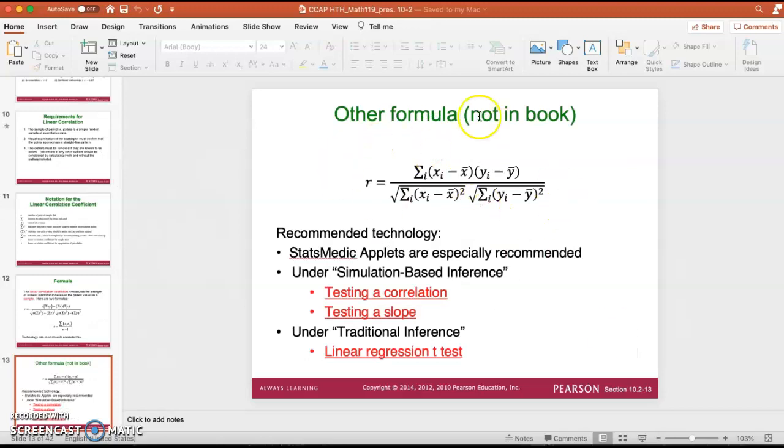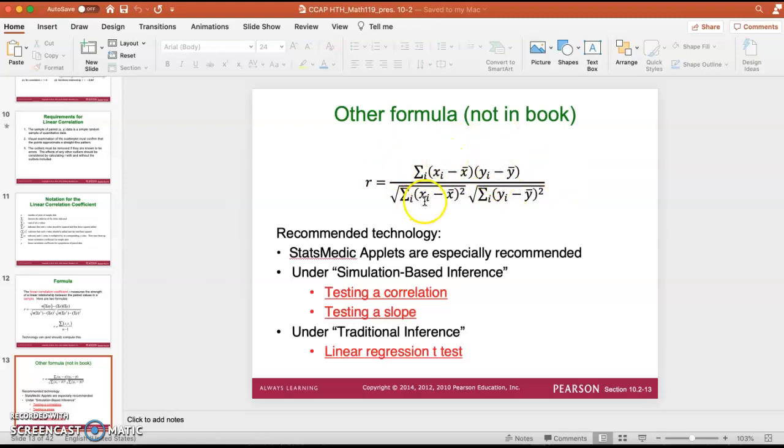And there's one other formula that you can use for finding the correlation coefficient. This is the one that I'm a little more used to and prefer over the other two. Basically, this just means take every x value, subtract the mean, get that difference. Take every y value, subtract the mean, get those differences. And so you multiply those differences, then you add up all of those.